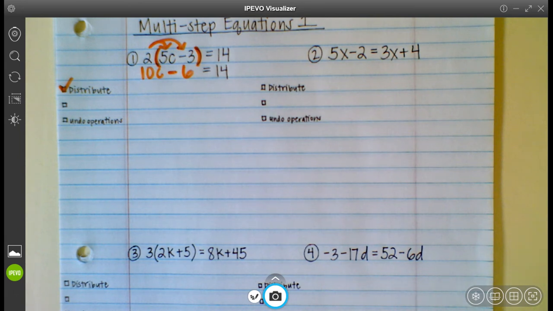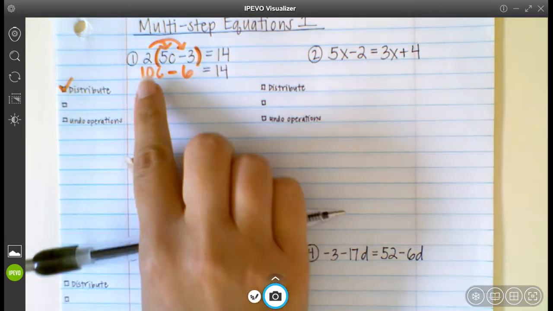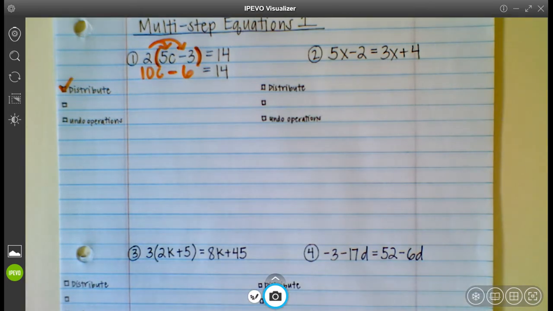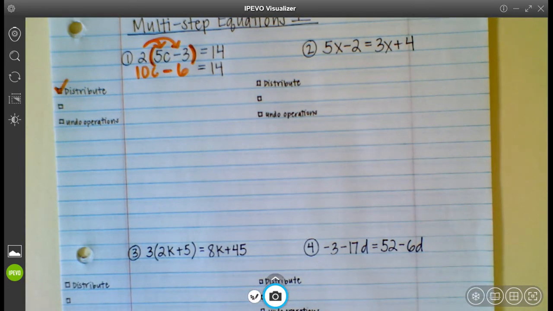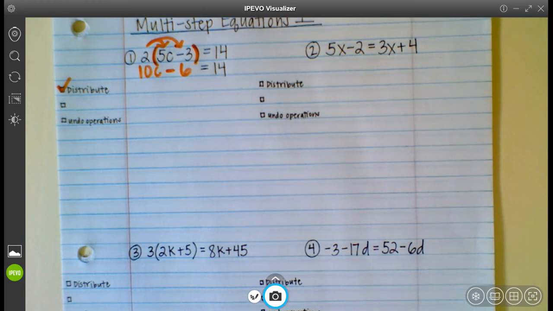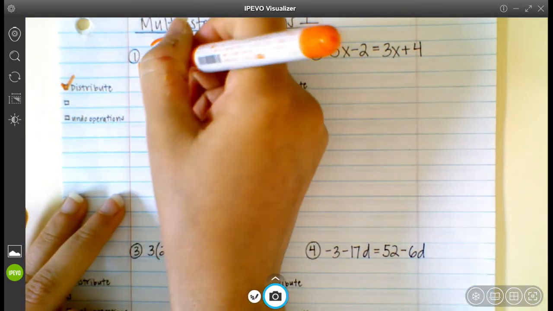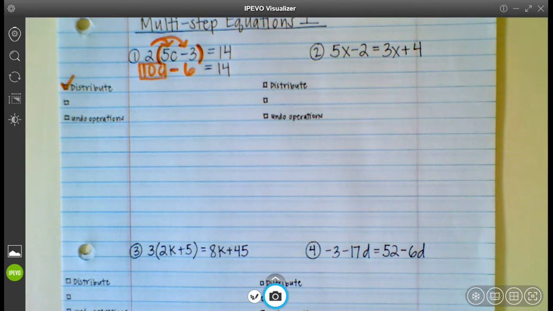Now, in order to continue our solving process, we need to get c by itself. So just like in our 2-step equations, we're going to box whatever is closest with c, and we are going to undo these operations from there. So how am I going to undo these operations to get c completely alone?